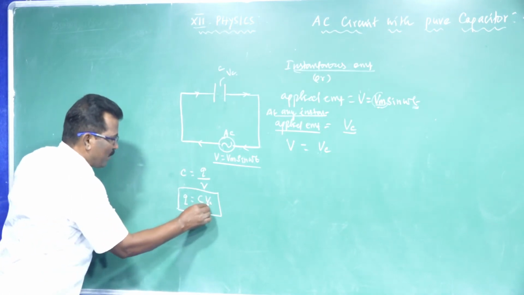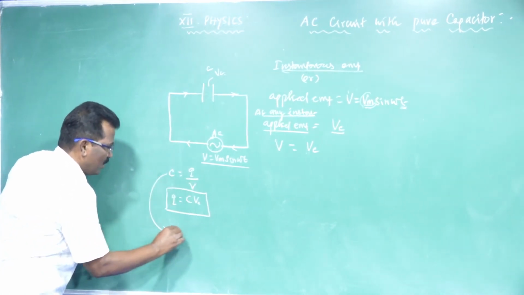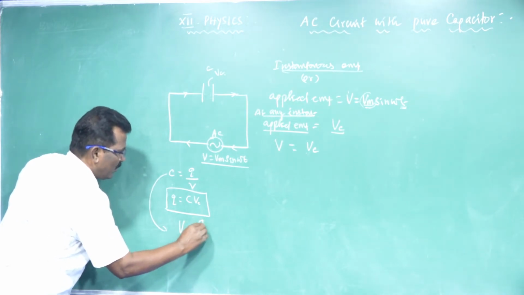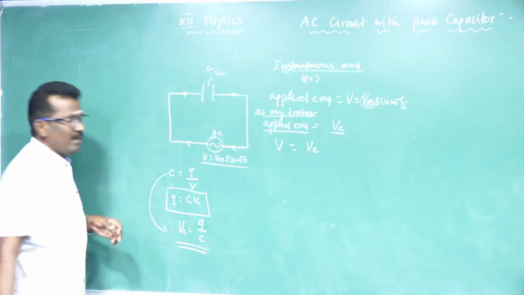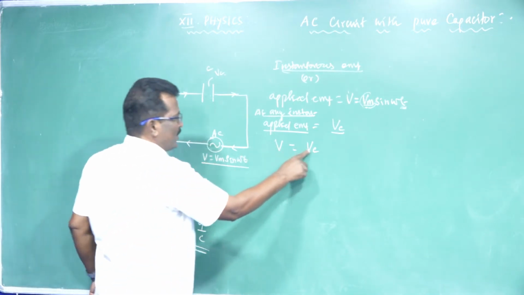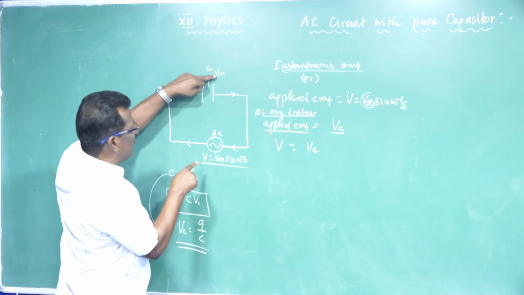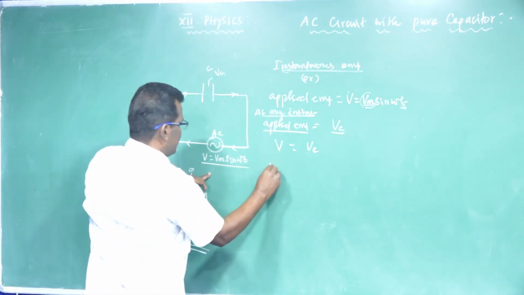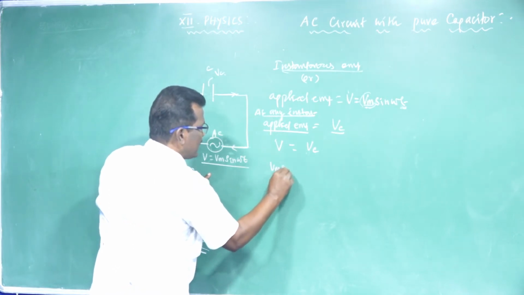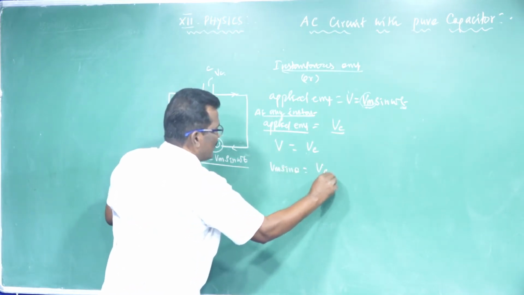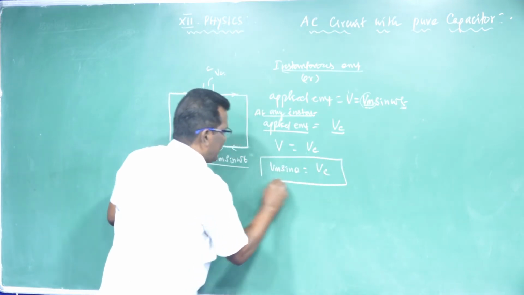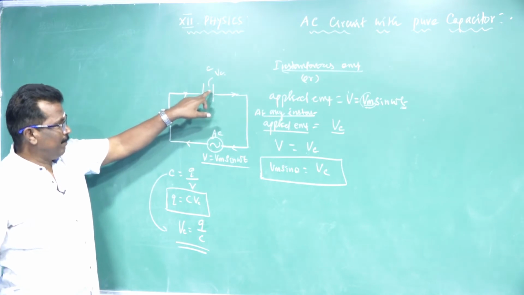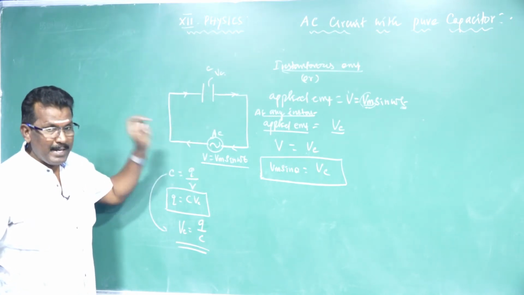From this equation we can calculate the potential: VC is equal to Q by C. So V is equal to VC, which is equal to Vm sin omega t. At any instant, the potential developed between the plates is equal to the applied EMF.